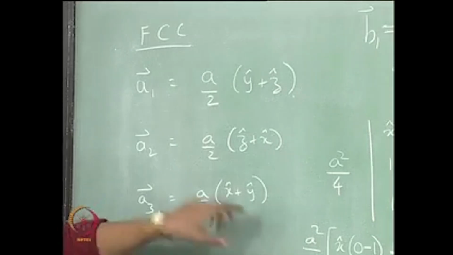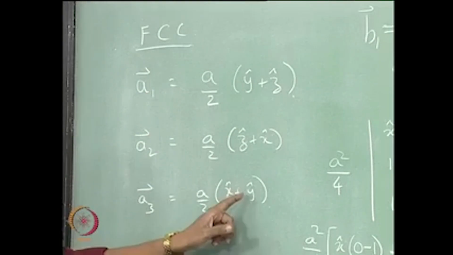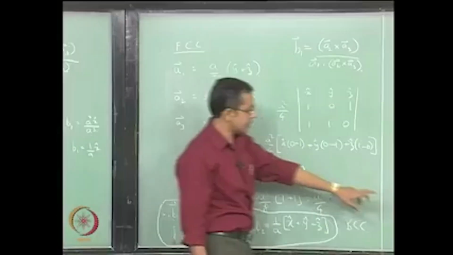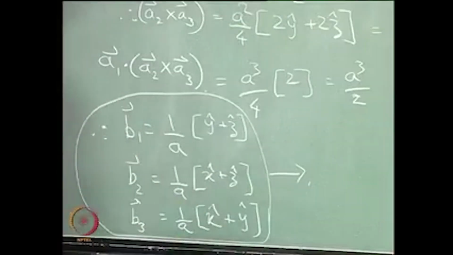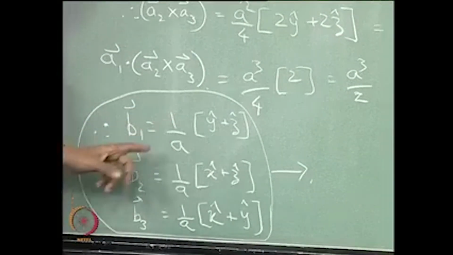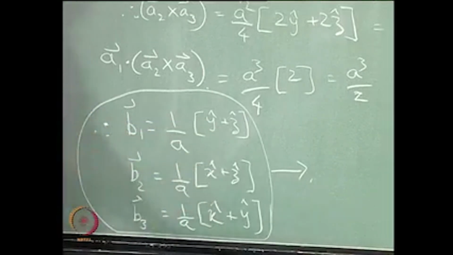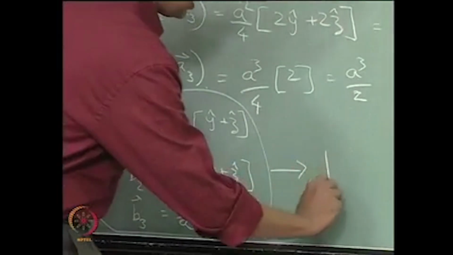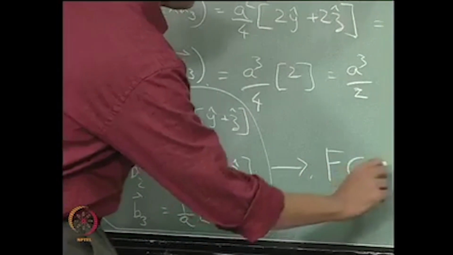We have the same dimension in three directions, and those three directions are listed here. In our result just now, we have the same directions: y plus z, x plus z, x plus y, with the same magnitude 1 by a. So this is a representation of BCC, I am sorry, this is a representation of FCC.